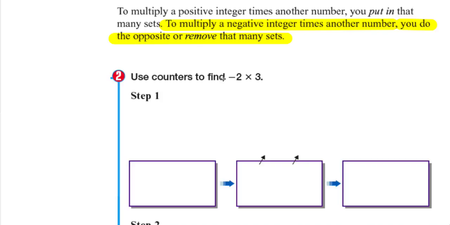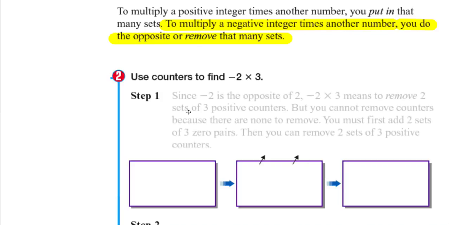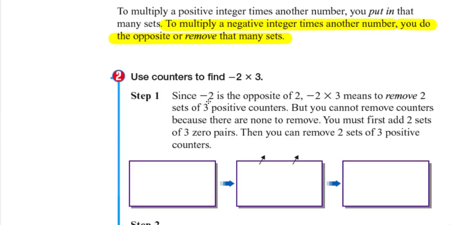Use counters to find negative 2 times 3. Since negative 2 is the opposite of 2, negative 2 times 3 means to remove 2 sets of 3 positive counters. That's the reason we're saying remove 2 sets of 3 positive counters.